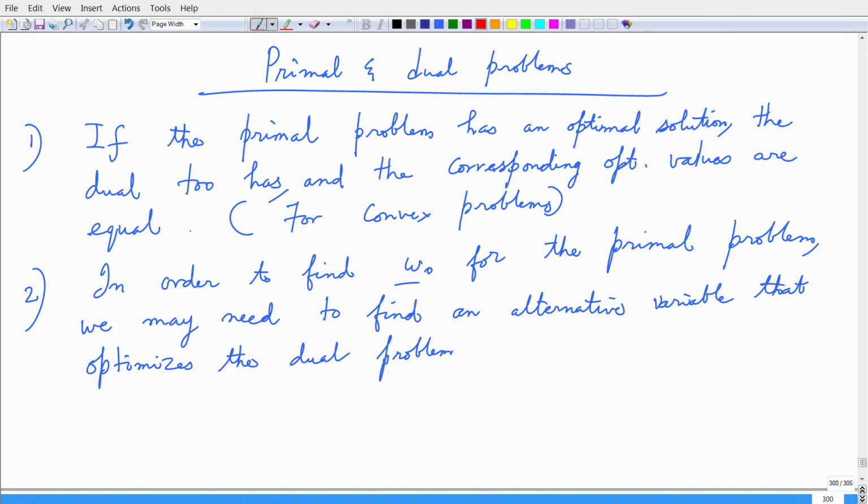So, particularly for this SVM problem, for the primal problem we are interested in solving for this optimum weight W optimum, whereas in the case of the dual problem it boils down to finding the condition with respect to an alternative variable by setting the derivative of the dual problem with respect to that alternative variable to 0 and then trying to solve this problem.